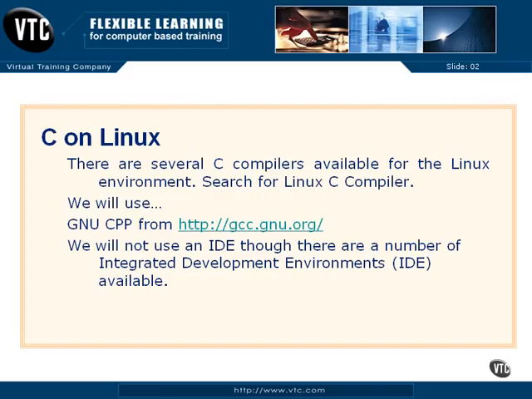We want to talk a little bit now about putting C onto a Linux installation. If you've been through a Linux installation, you probably already have a good C compiler, GCC, installed. If you have not gone through a full installation, rebuilding your own kernel, that sort of thing, and you're just looking to learn C, then let's take a look around at what I have installed, which is Ubuntu.